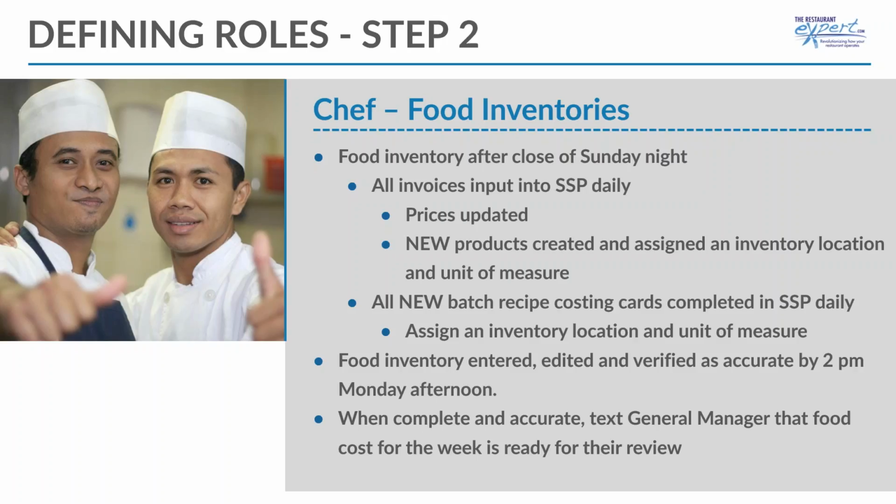Chef is overseeing that everything was put into Smart Systems Pro. The sous chef is the one who does it. The chef may be the one who oversees that it's accurate and verified. It may be the sous chef who does it. It may be the chef that makes sure the sous chef texts the general manager. It may be the sous chef that actually texts, right?